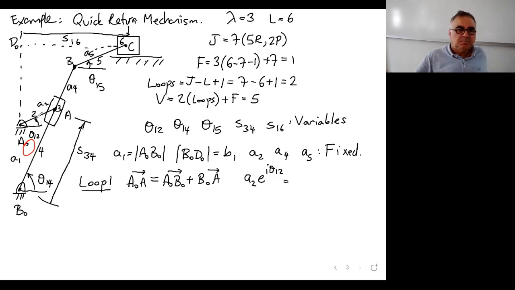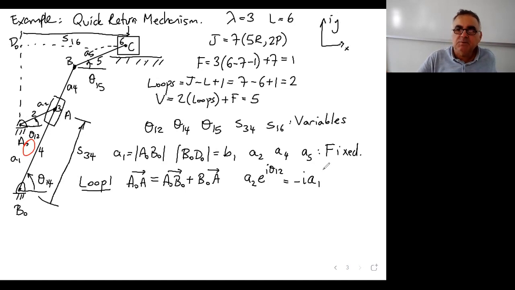Now, we go A0B0, which means we go downwards in the vertical direction, and that will be minus i times A1. Because we are in the complex plane, like this is X, this is iY.